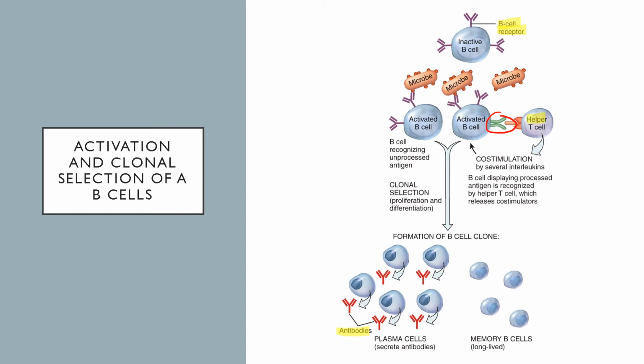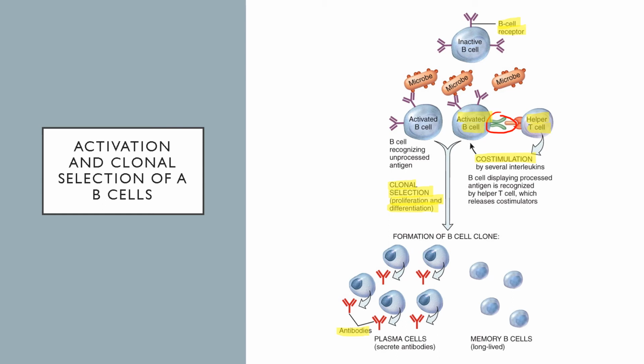Now, helper T cells will recognize the antigen MHC2 complex, and deliver the co-stimulation needed for B cell proliferation and differentiation. So that's where we get that clonal selection, because the helper T cell gives co-stimulation, allowing for clonal selection of these activated B cells.